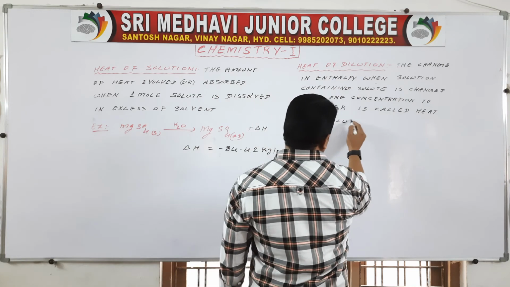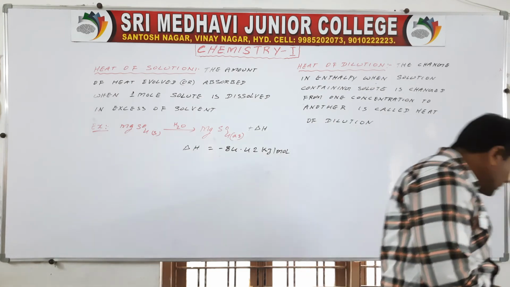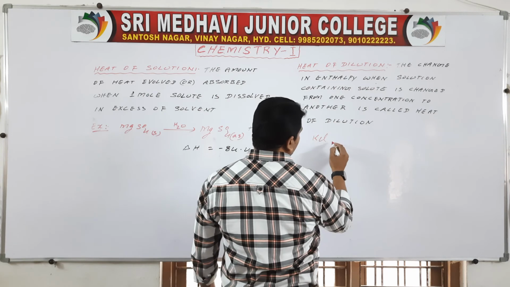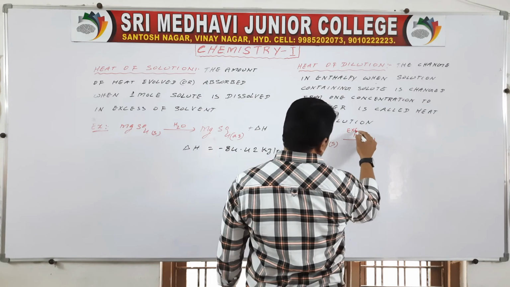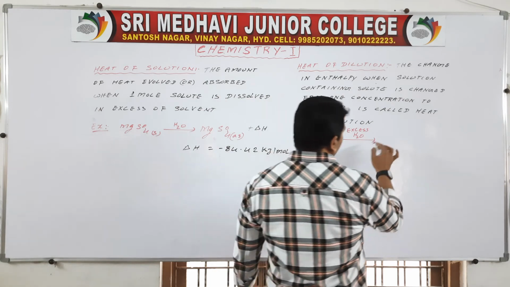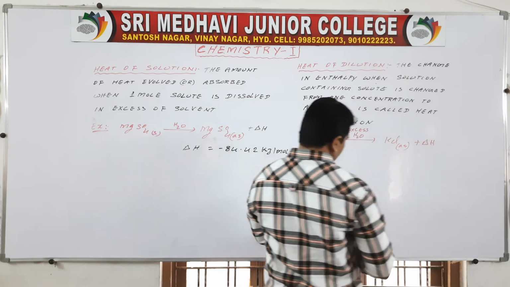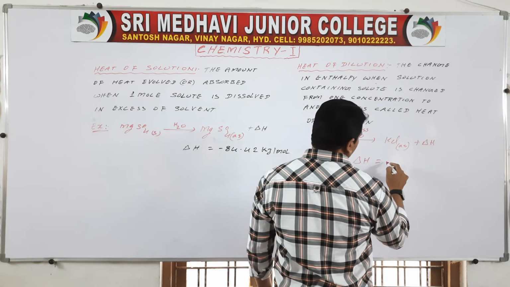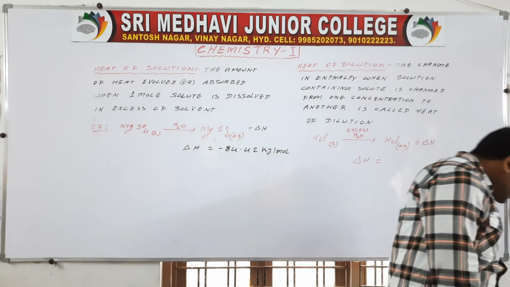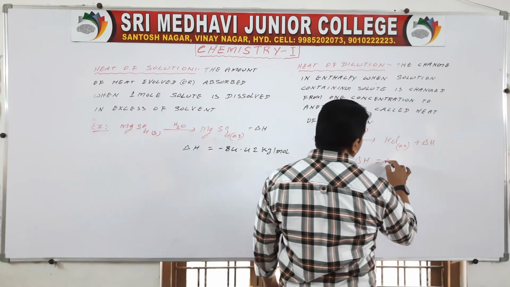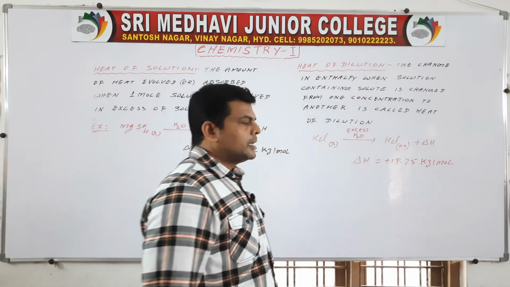We may take the example of KCl solid dissolved in excess H2O, giving KCl aqueous plus delta H. Here delta H equals plus 19.75 kilojoules per mole, so energy is absorbed.